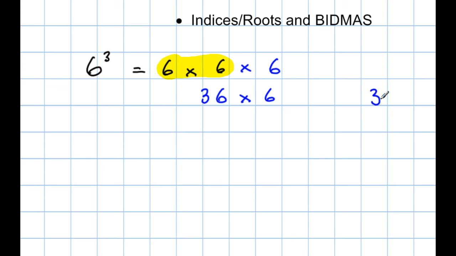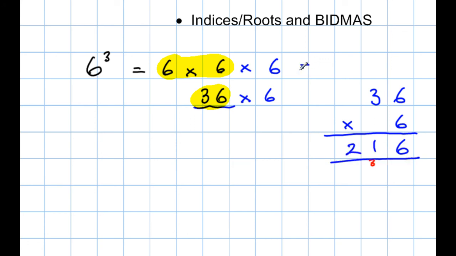And then we use long multiplication, unless we're quite gifted, to work out what 36 times 6 is. 6 times 6 is 36, put 6 there, carry the 3. 6 times 3 is 18, add the 3, 21. So the answer is 216.